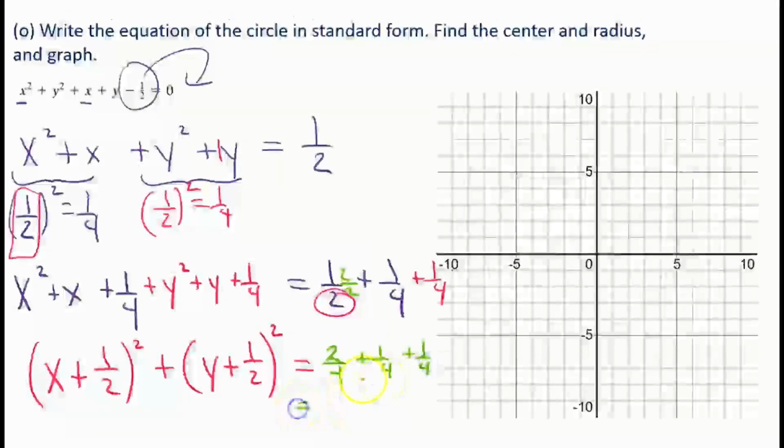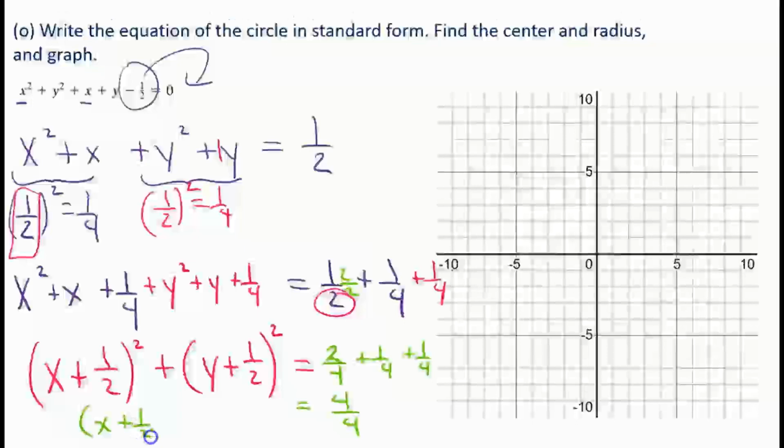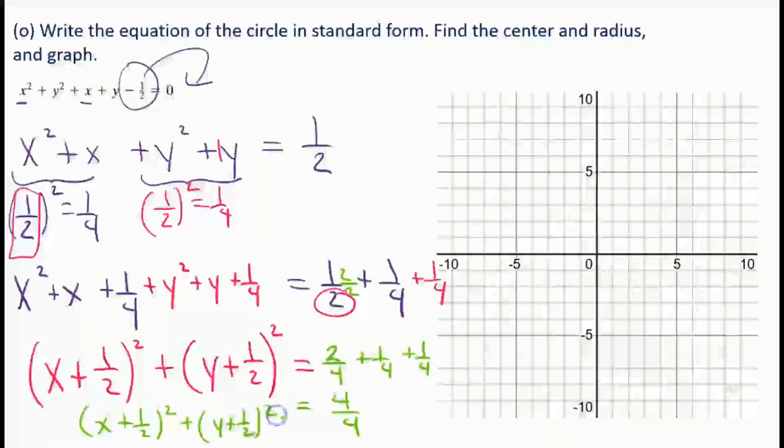What does that give me? Well, that's 4/4. Hey, that's cool, right? Which is just 1. And over here I have x plus 1/2 squared plus y plus 1/2 squared, and that's equal to 1.